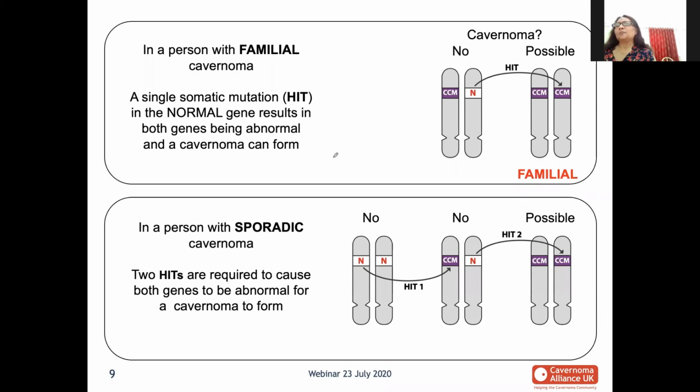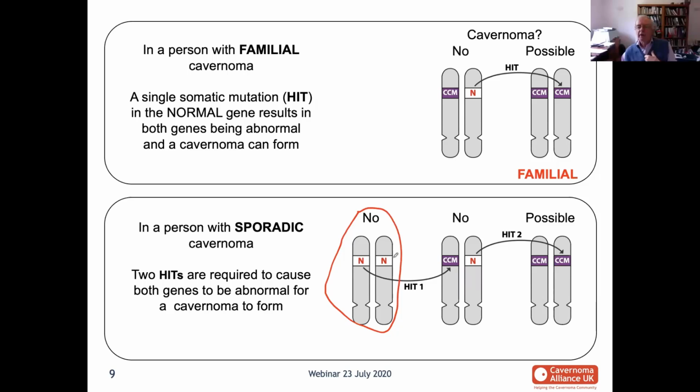So I can understand now very clearly that mine might not be familial Cavernoma, but more sporadic, because I did work with a lot of radiation in molecular biology. If neither of your parents had a familial gene, then you were born with normal genes. You've had to have two hits and you then have a sporadic Cavernoma. Yeah, I understand that.